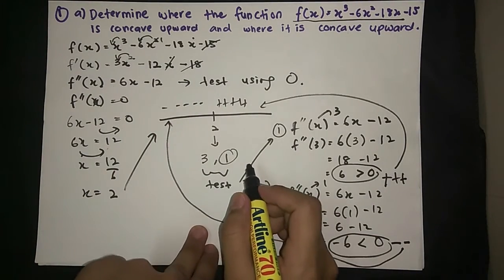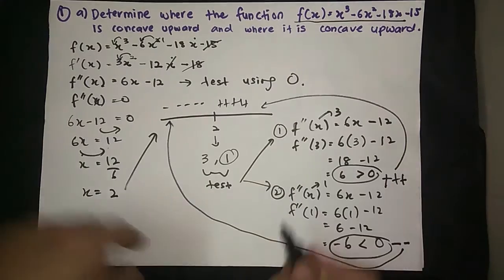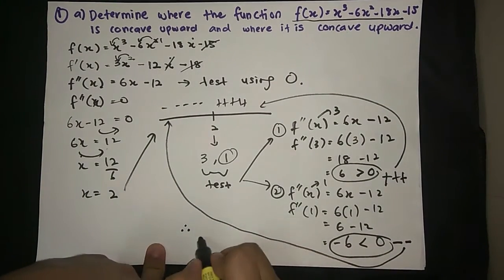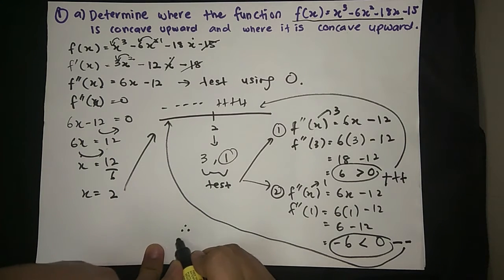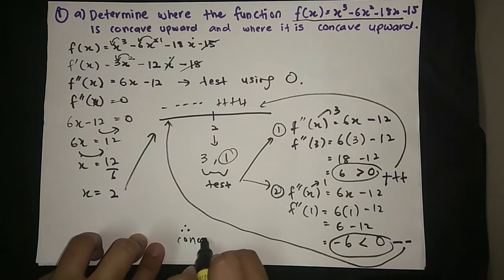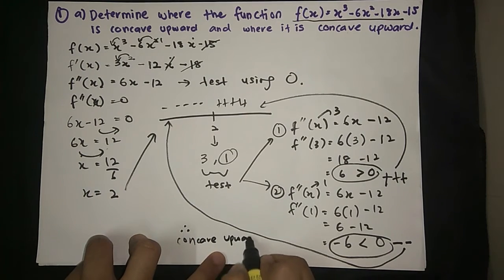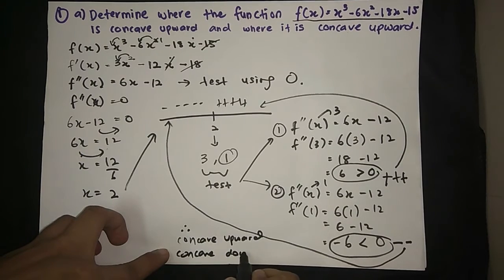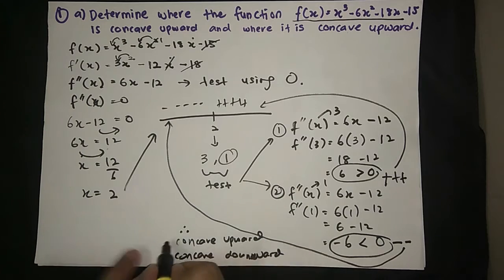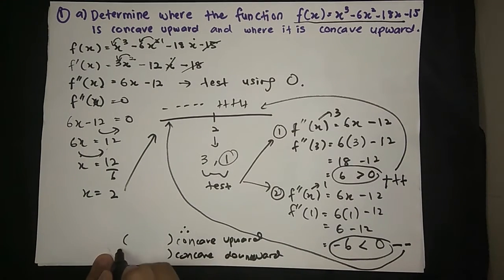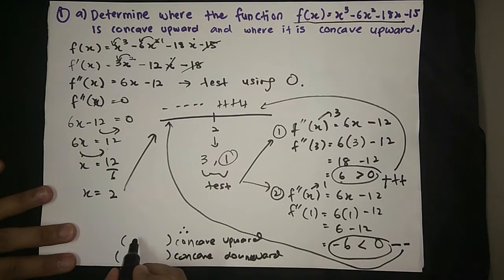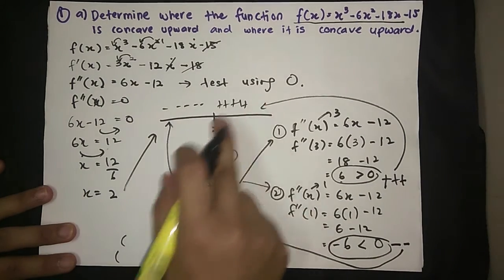Alright, so we want to know, is it concave upward or concave downward? So here there is 2. The concave upward is from 2 to infinity, yes, because it's positive.